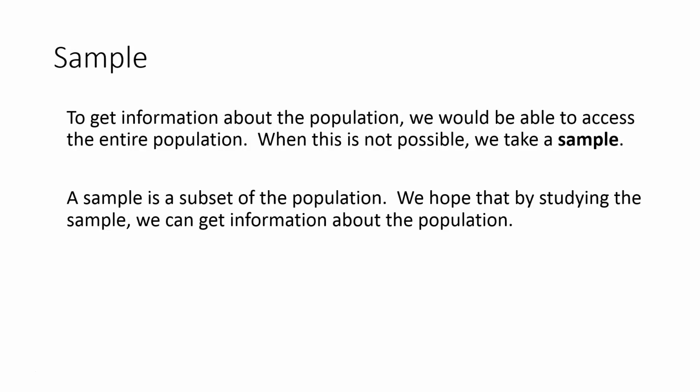So what we have to do instead is take a sample. A sample is just a smaller version of the population, and we hope that it has those same characteristics as the population.